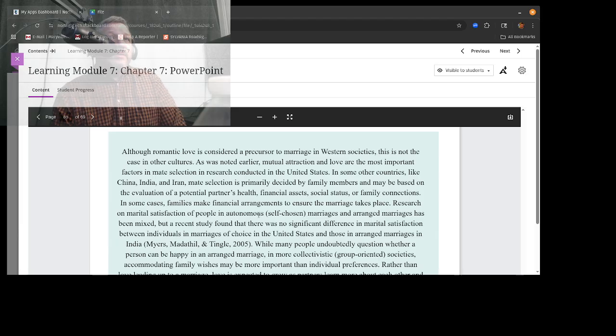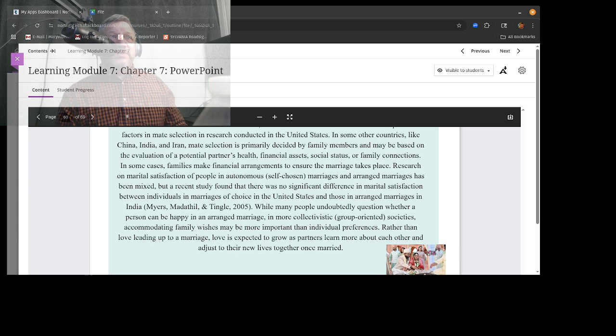Although romantic love is considered a precursor to marriage in Western societies, it's not the case in other cultures. Think about the arranged marriage situation in countries like China, India, Iran. That's where family members already decided who you're marrying way before love could ever come into play.